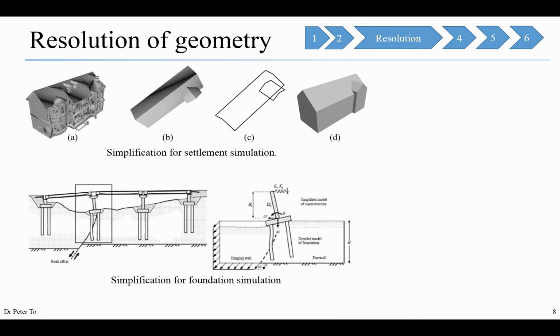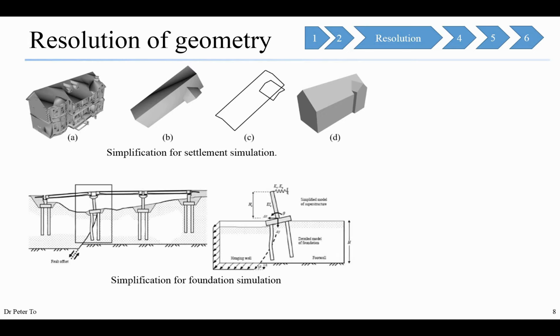So the third conclusion you can note here is that it may sometimes be risky to make assumptions for the resolution of geometry, because when you study the behavior of a structure, you often omit the foundation or assume that it is homogeneous. And when you study the foundation, you often think that the load from the structure is uniform.